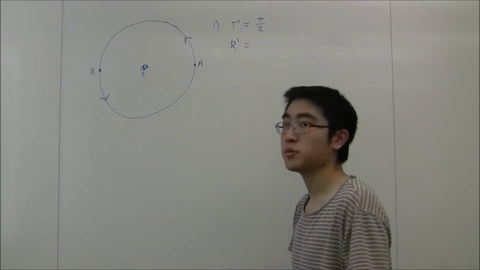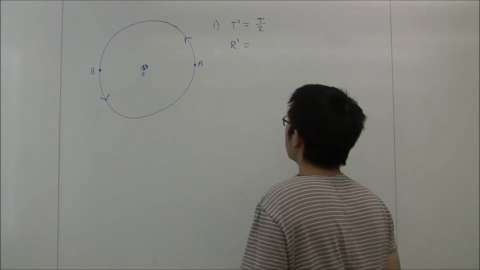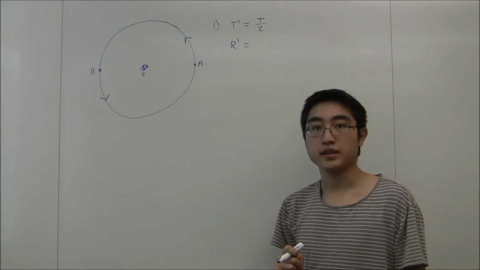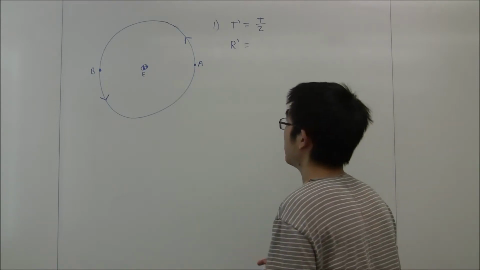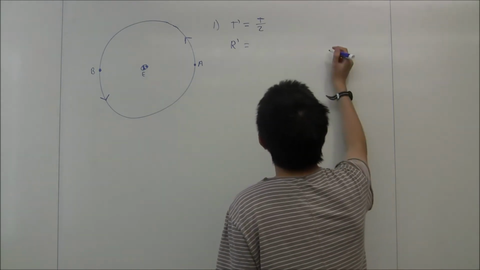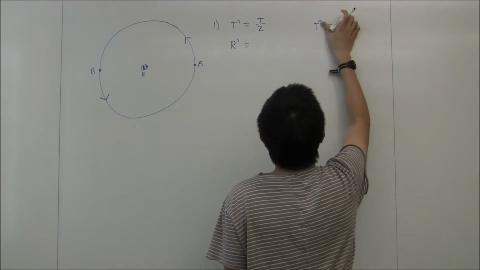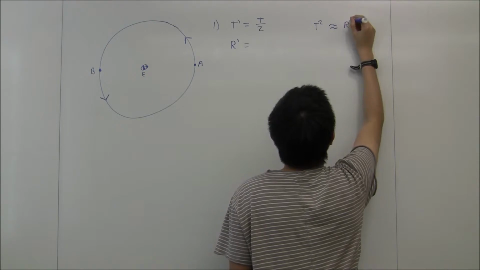That's going to be determined by Kepler's third law, which states that the square of the period of the orbit is proportional to the cube of the semi-major axis. So written in terms of R and T, we have the period squared is proportional to the cube.